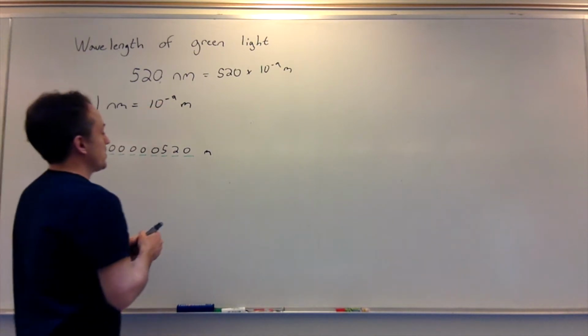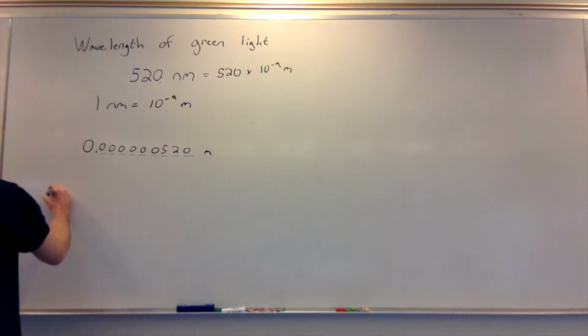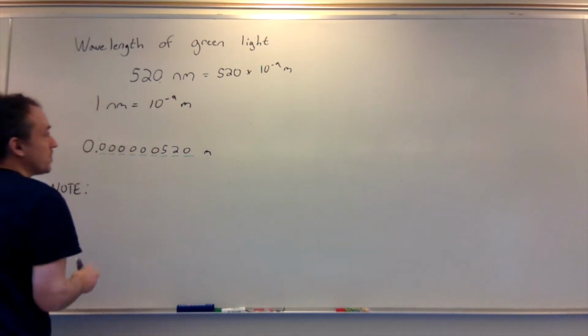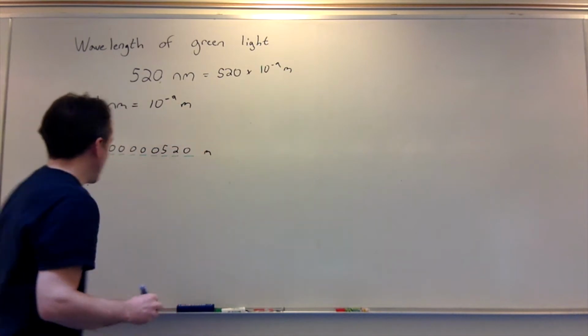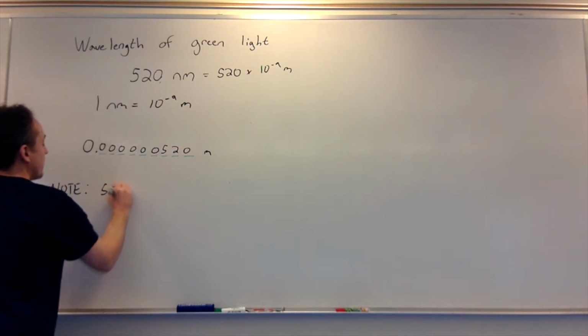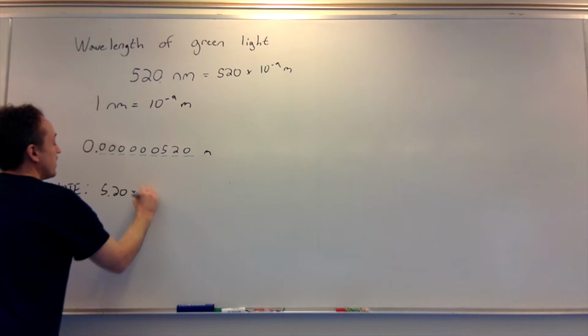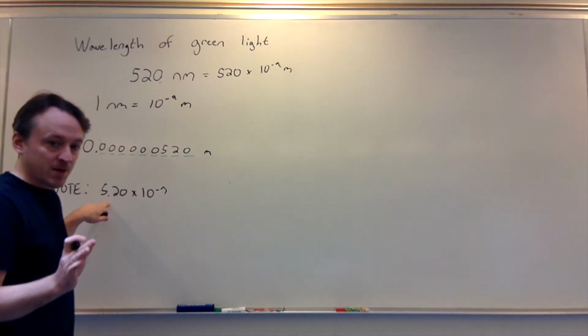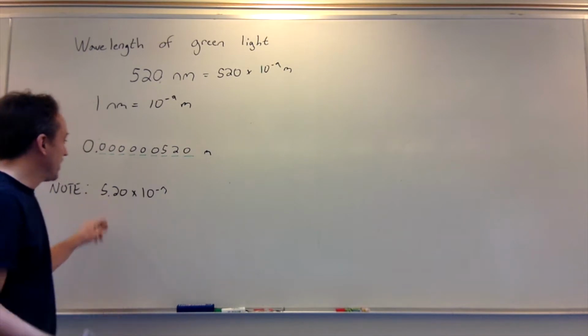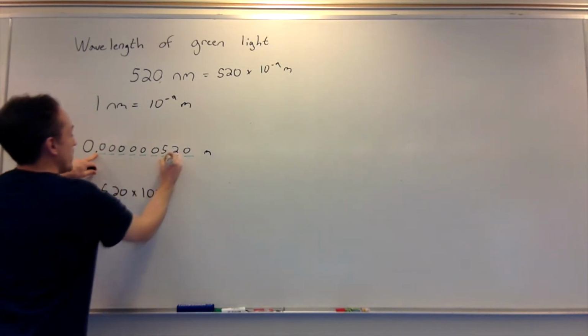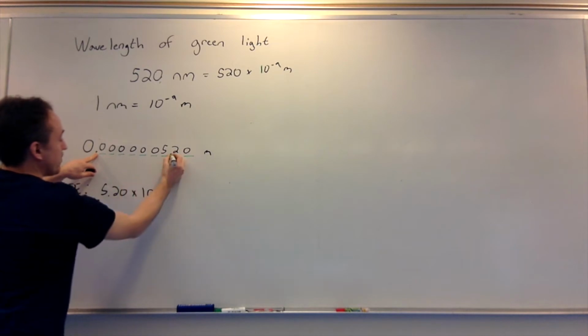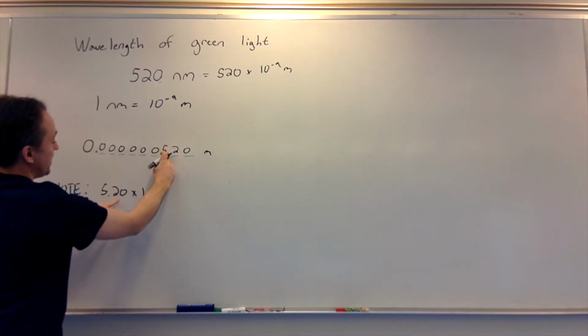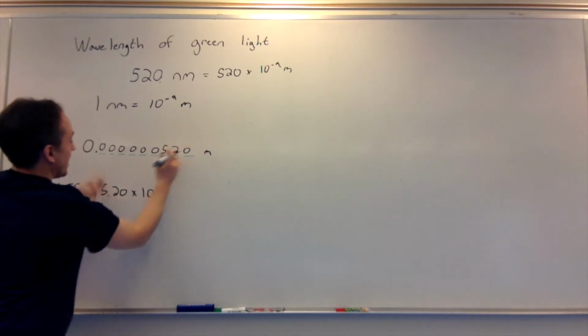Let me carry us on a little bit. Let's put a note here. This number up here, 520 times 10 to the negative 9th, could also be written as 5.20 times 10 to the negative 7th. This is what I was talking about with decimal point to decimal point. We've got the decimal point after the 5, and I've got 7, so I need 7 spots from here to here, but then these two numbers matter and they carry on afterwards.